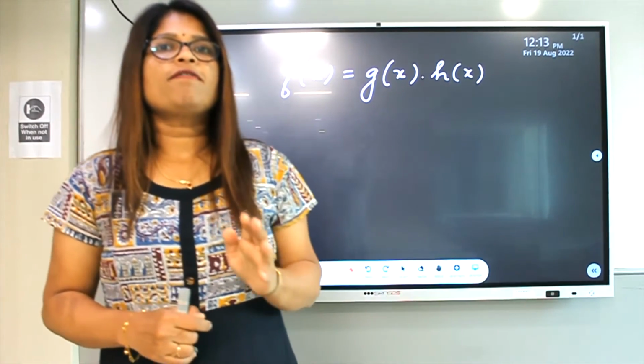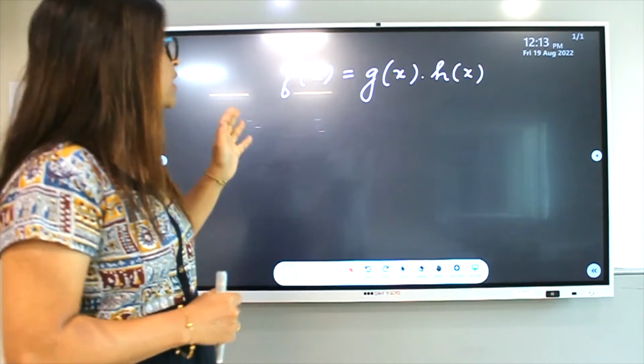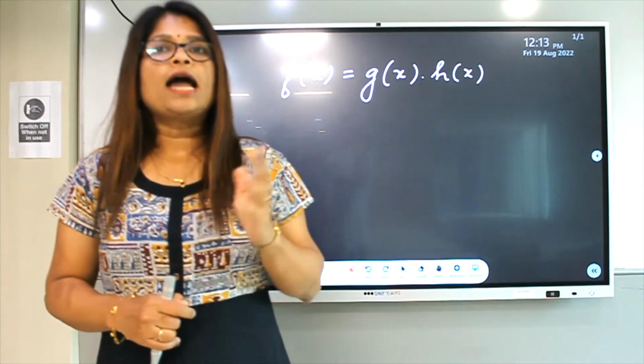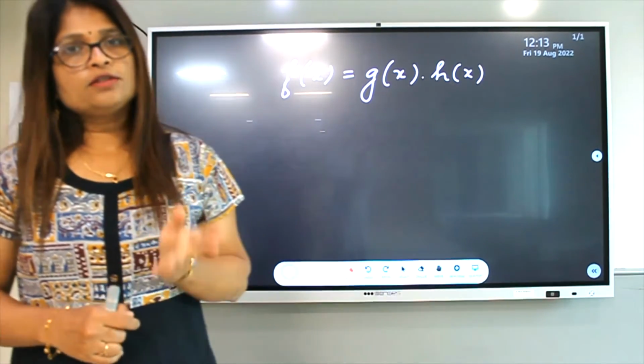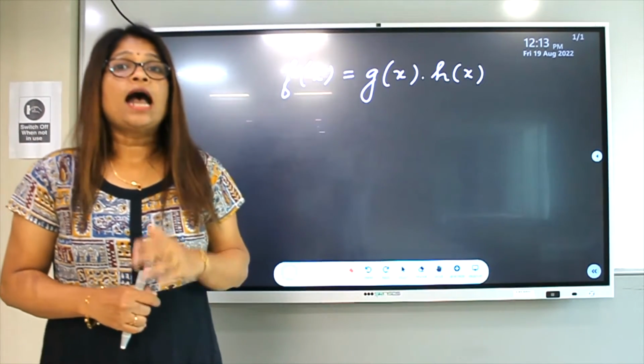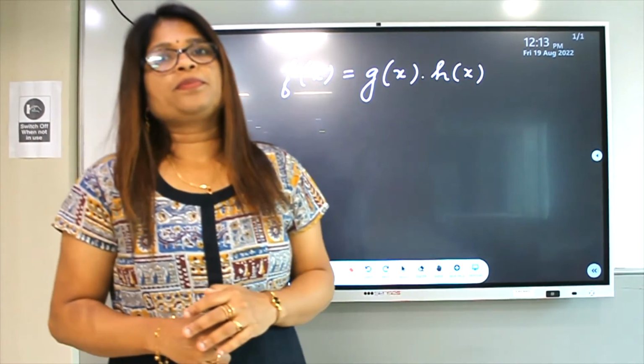Since the degree of f(x) is equal to the degree of g(x) plus the degree of h(x), and the degree of f(x) is 2 or 3, at least one of g(x) or h(x) has to be of degree 1.